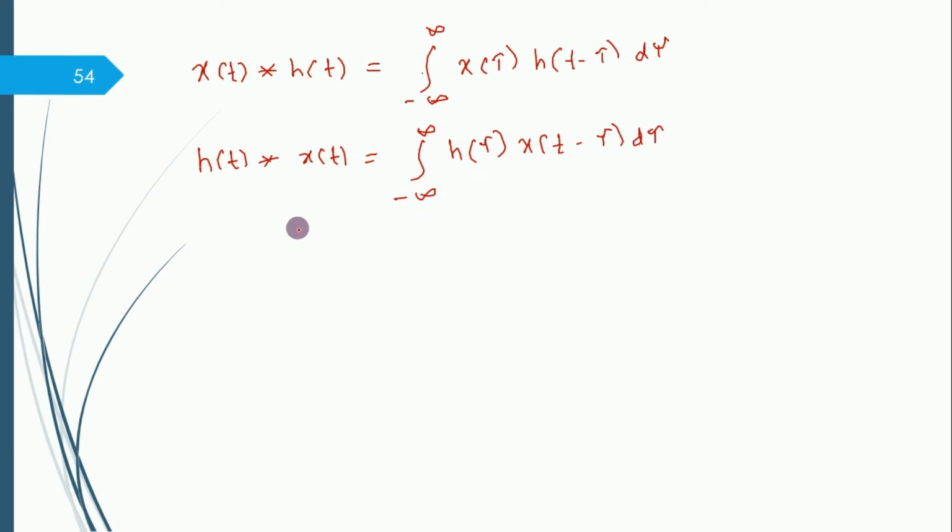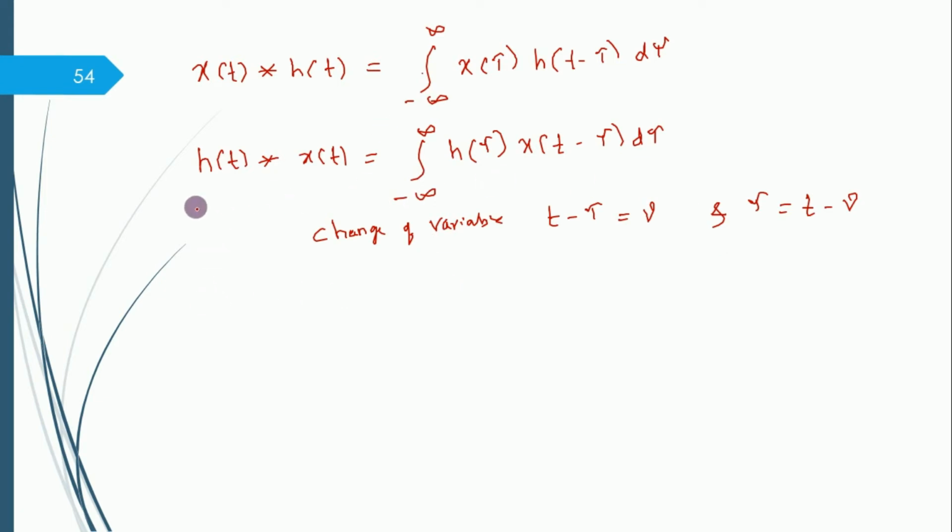Now what I do is I apply a change of variable. How do I do it? I substitute t minus tau with something like v, or gamma, whatever you say. And here tau becomes, I take it to the right hand side, t minus v. So I substitute it here now.